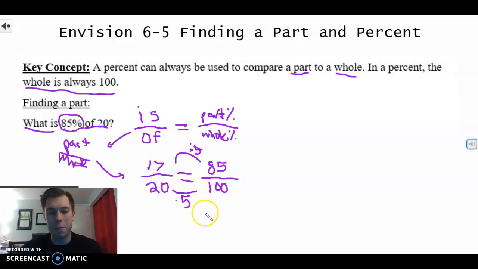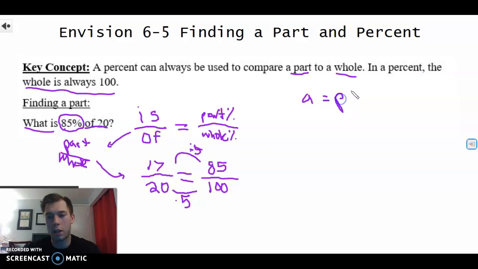Over time, this way gets a little messy because you're not going to get great numbers that go from like 20 to 100. You're going to get a little messier. So my recommendation, and kind of the way that you need to start transitioning to, is thinking of writing this as an equation. We're going to use the equation when dealing with percents.